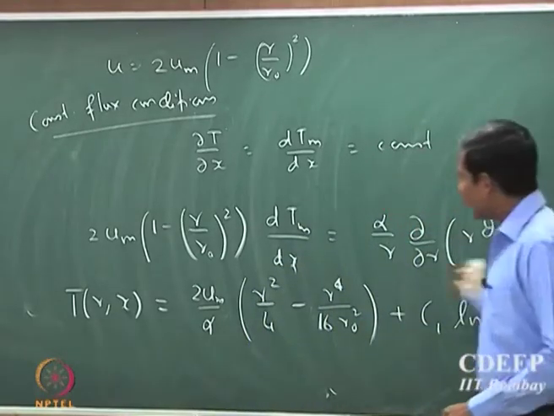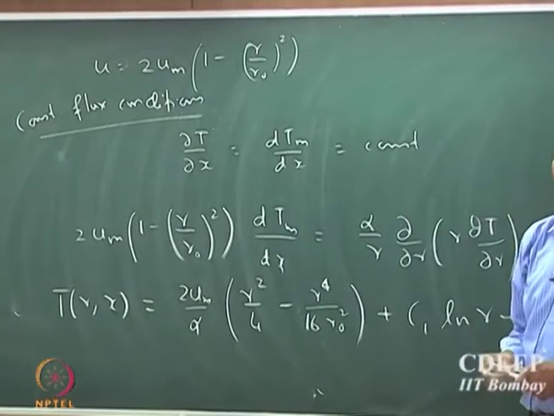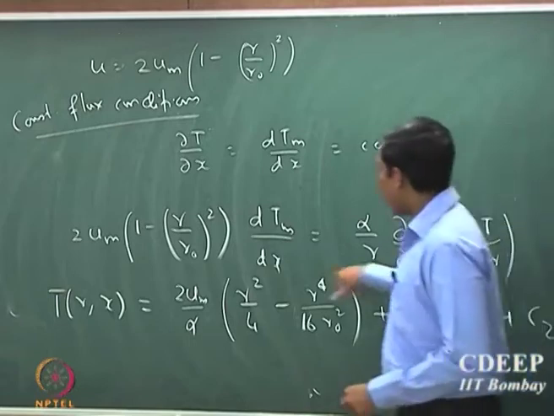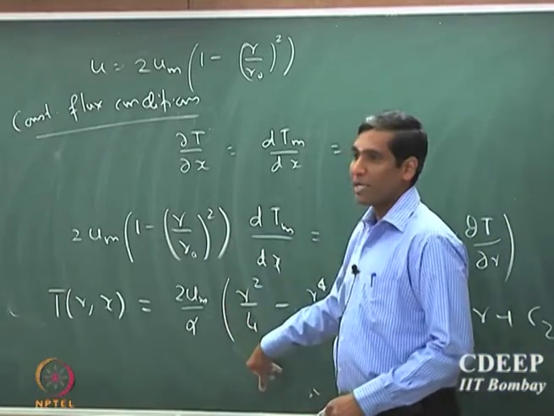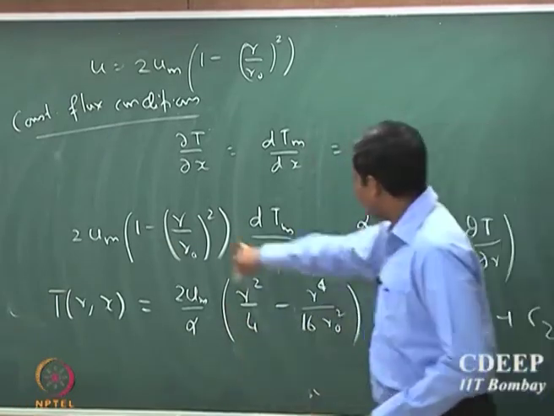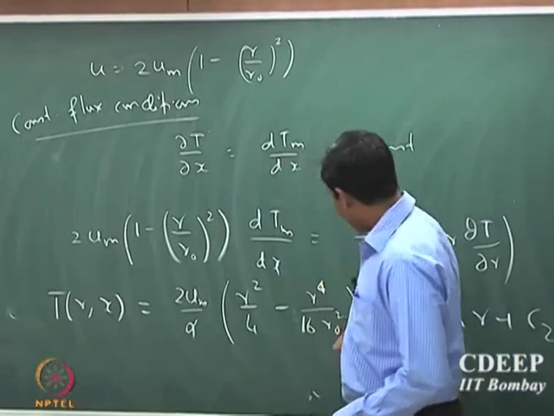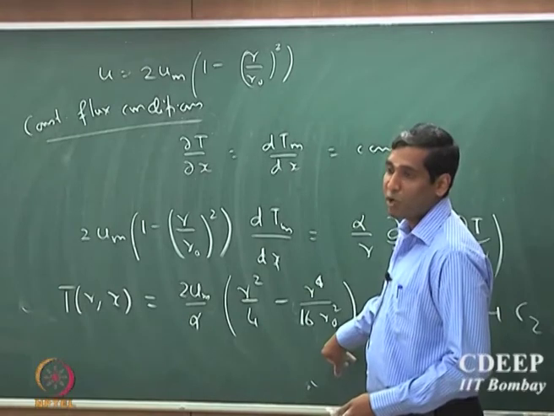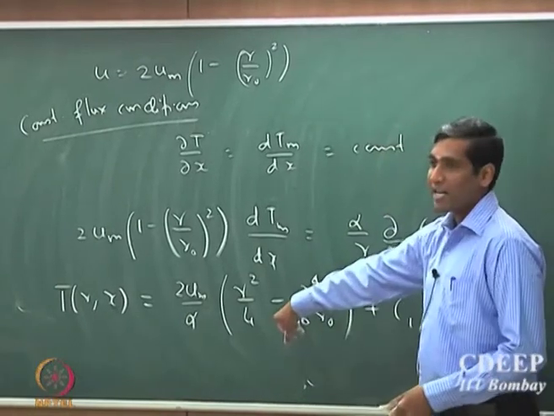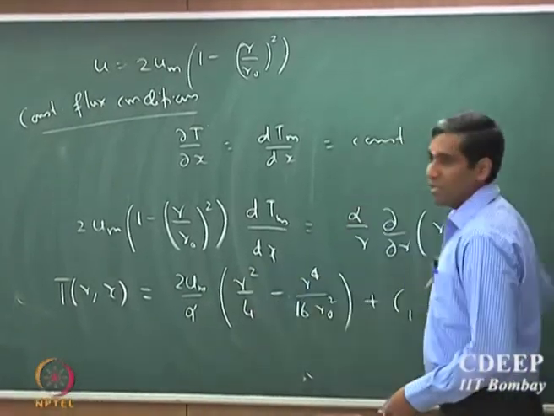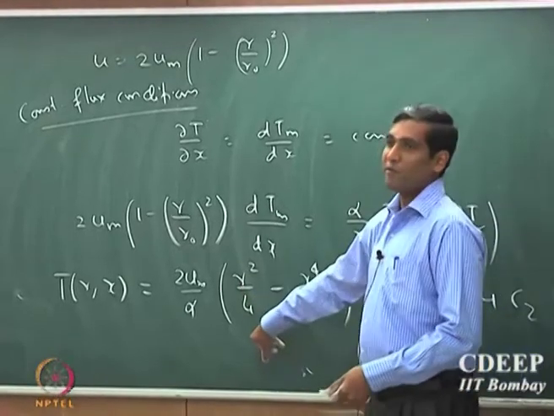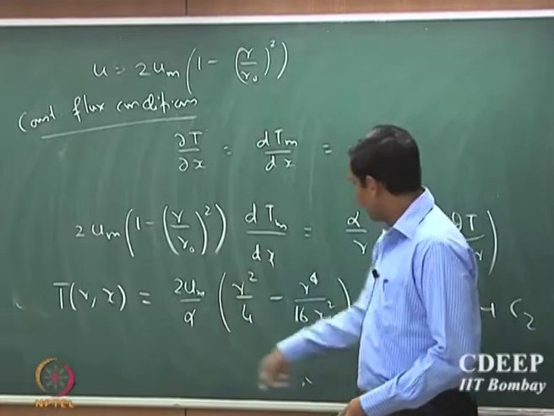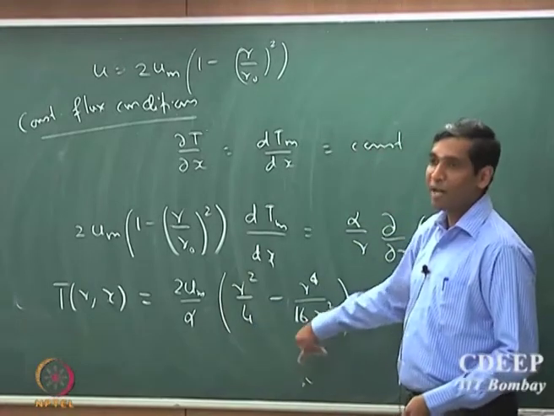All I have done is integrate the expression with respect to r twice. You take r on this side, that gives you r square by 2 and r to the power 4 by 64 terms, and then you divide by r again and integrate again. Every integral in the first term gives you a 1 by 2, and every integral here gives you a 1 by 4.